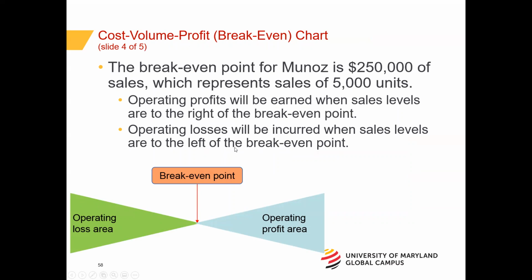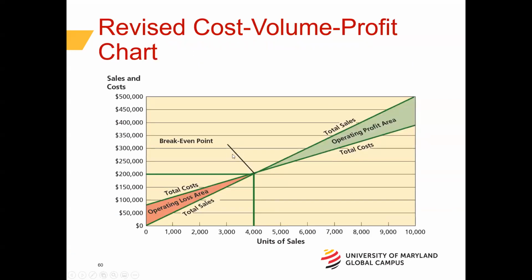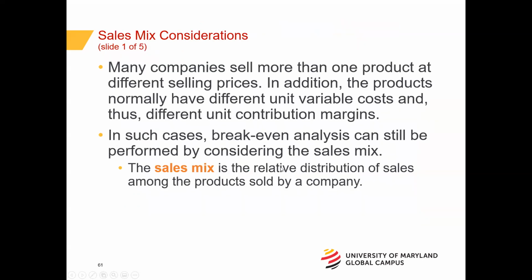But it's nice to know from a graphical perspective what the point of break even is. And you can look at it from this perspective: operating profit is of course above break even, below break even is a loss. We know that.